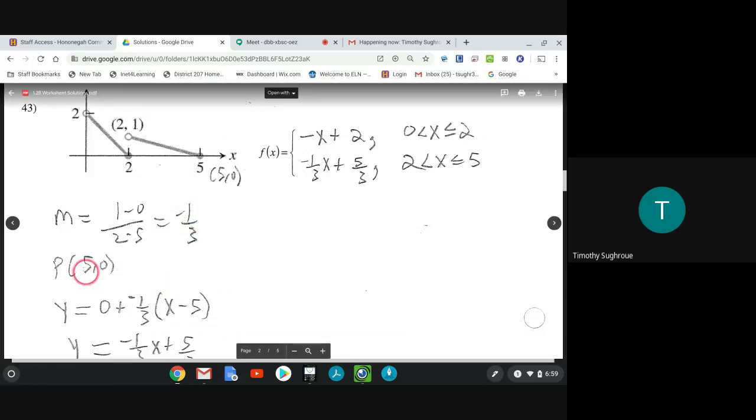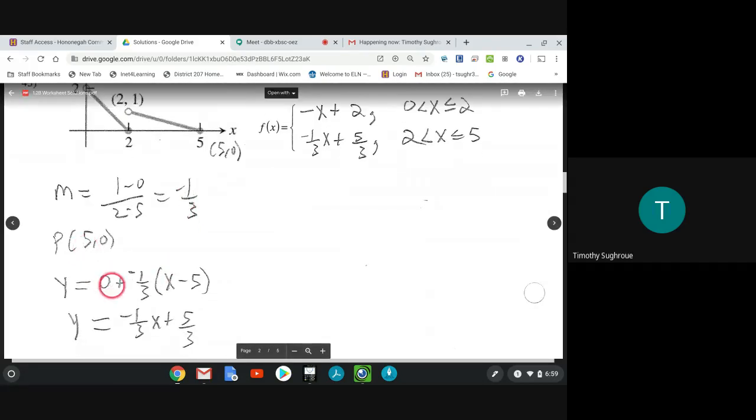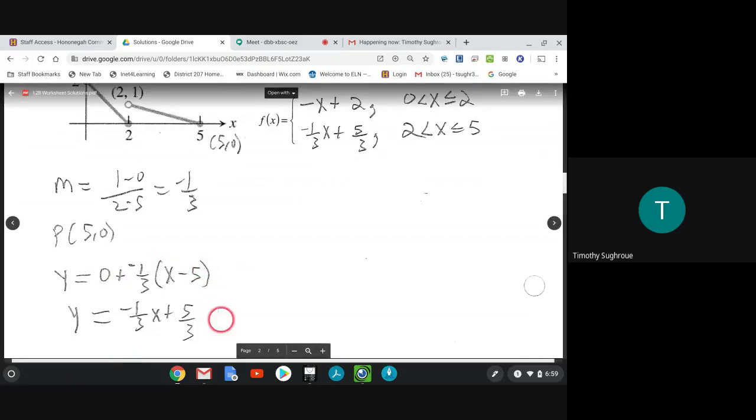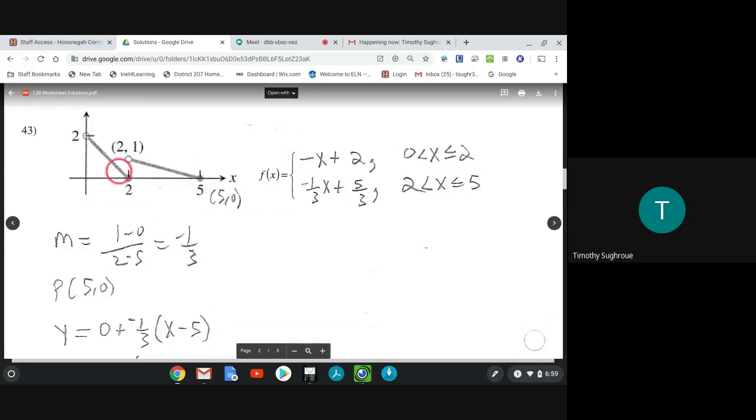I say it goes through this point, so I use my point slope formula. Y coordinate plus the slope times x minus the x coordinate. We did this extensively in section 1. Distribute, and that's the equation of my line. Now, it never gets back to 5/3, but that's okay. We restrict the domain here.